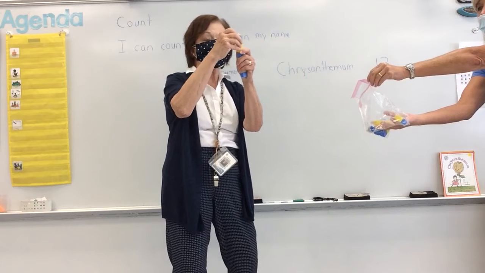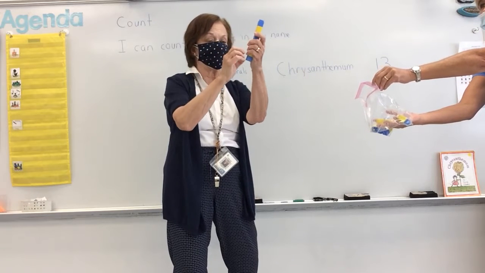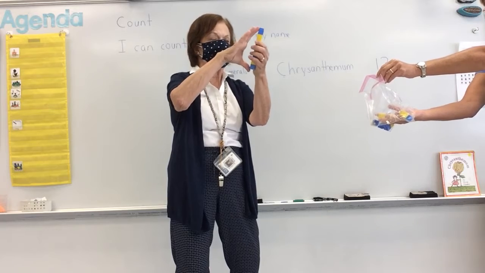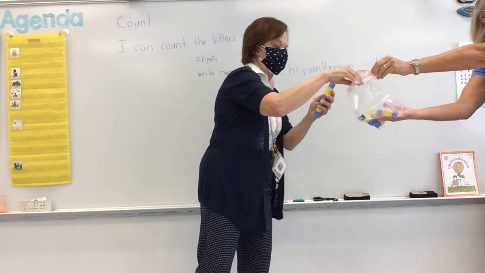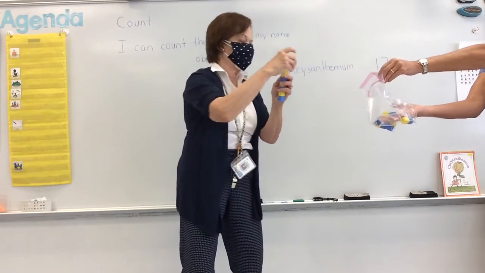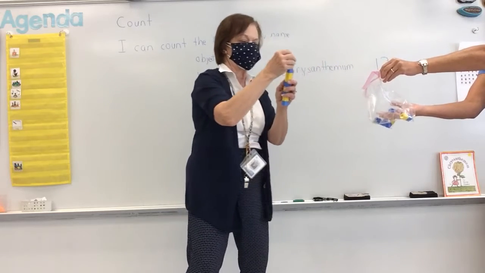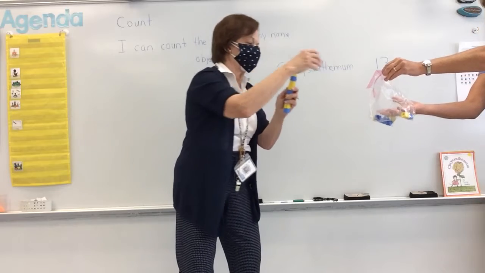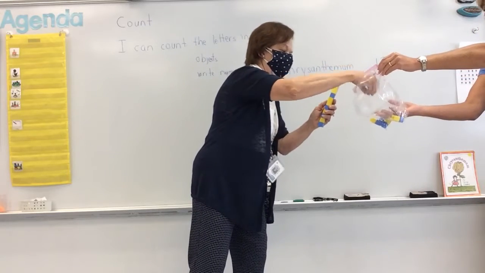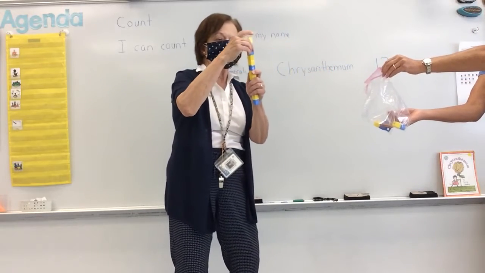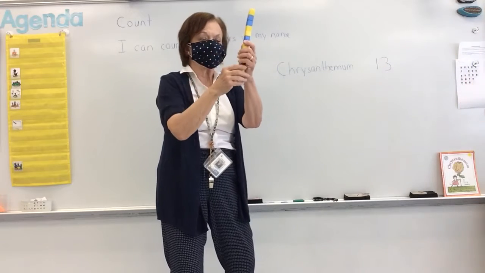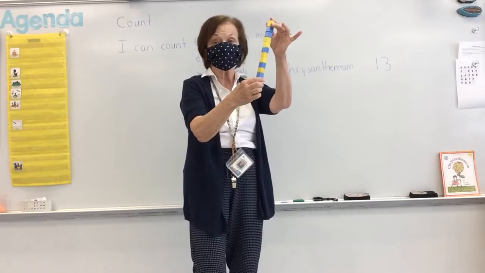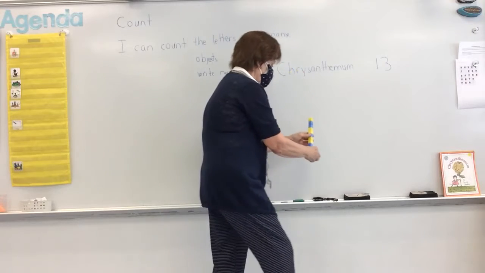Now I have 8. No, that's 8. Oh, we better double check. 1, 2, 3, 4, 5, 6, 7, 8, 9, and 13. So there is a cube train of 13 cubes to show the 13 letters in her name.